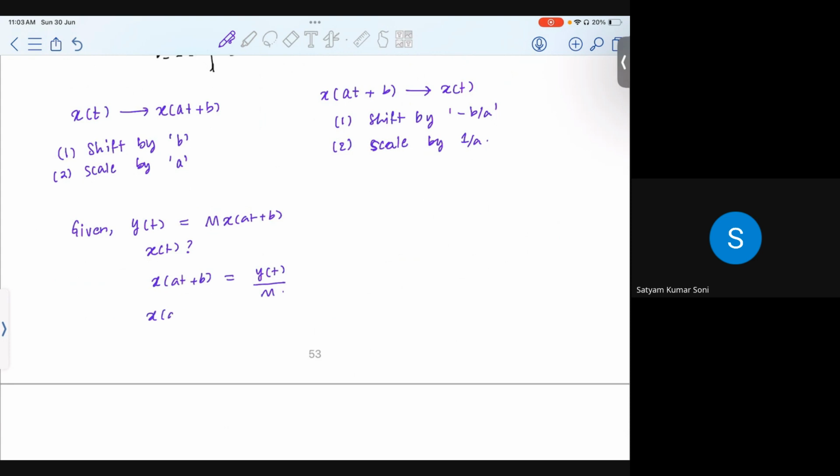Now you know how to go from x of at plus b to x of t. So if you call this y1 of t, you are given the y1 of t signal, so do these operations on the y1 of t signal to obtain x of t. Okay, that's all. Is that clear? Yes, ma'am. All right.